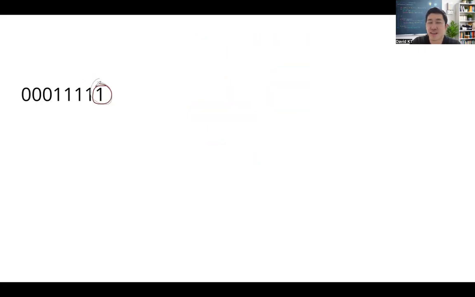So this one here that I circled is called the LSB. What does that stand for? It stands for least significant bit.